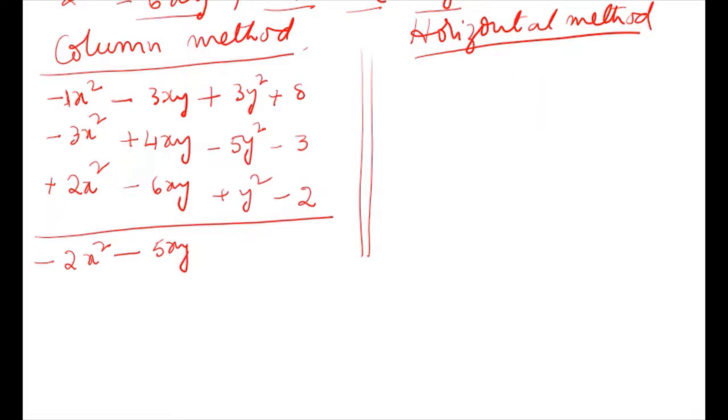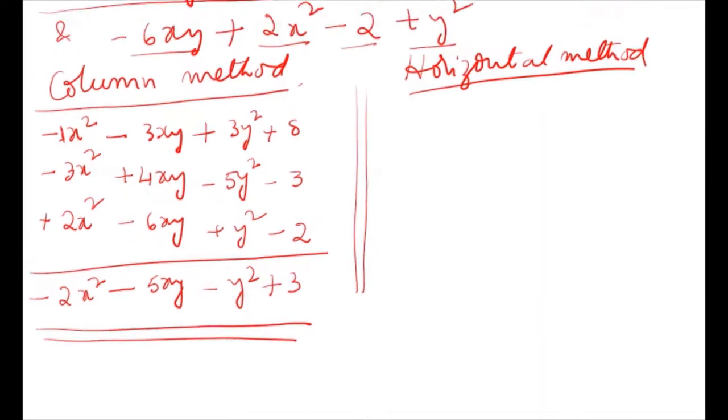And then plus 3y square and plus y square is plus 4y square, and minus 5y square will give you minus 1y square. Plus 8, and here minus 3 minus 2 is minus 5. So plus 8 minus 5 will give you plus 3. Okay. So this is the answer in column method.